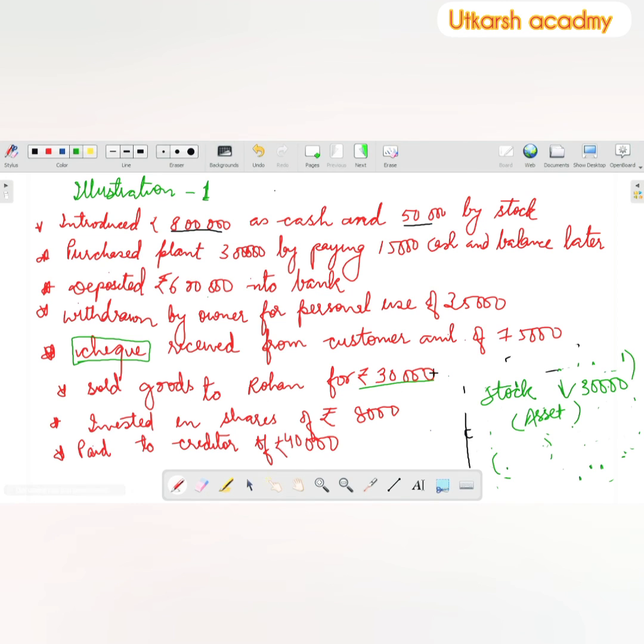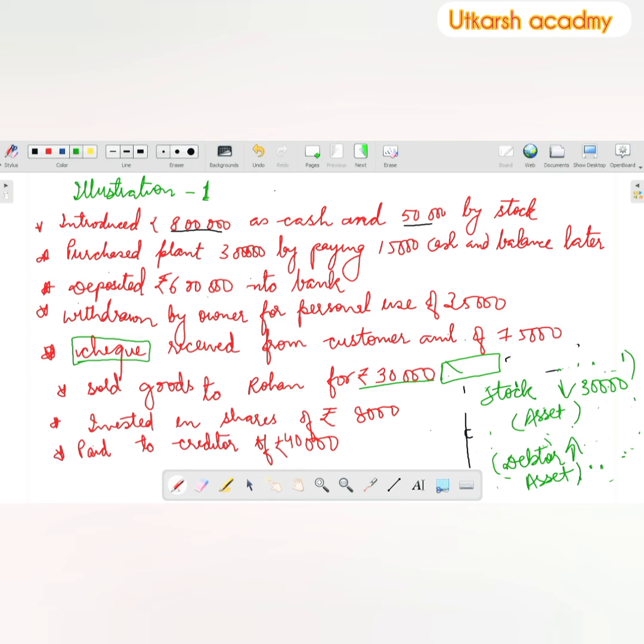Sold goods to Rohan, in cash is not present here. So it will be assumed that it has been sold on credit. So we have to receive money in future. So debtor will increase, and debtor is on the asset side.